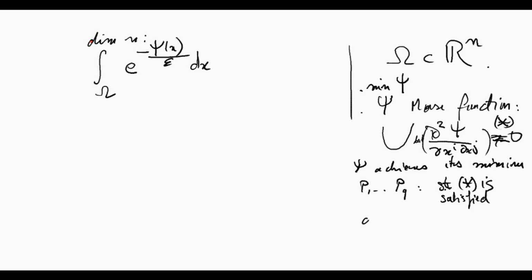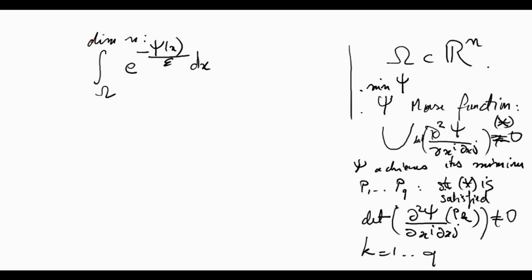That is, the determinant of the Hessian at the point pk for k from 1 to q is non-zero. So we have a positive definite matrix at this point.